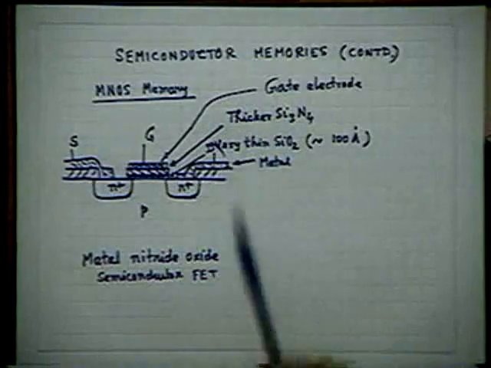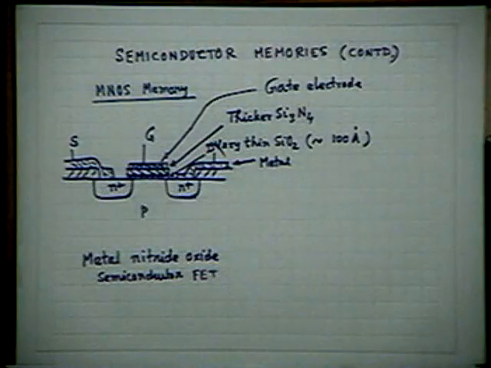Today even the total gate oxide thickness is around 200 angstrom, so this should be around 40 to 50 angstrom. The thicker nitride is at least 2 to 5 times thicker. Then you have the gate electrode like this.